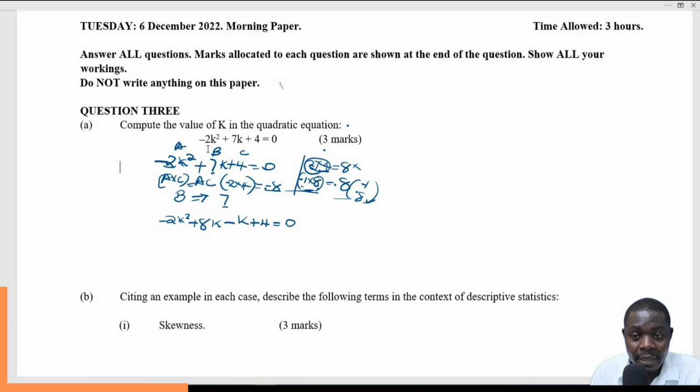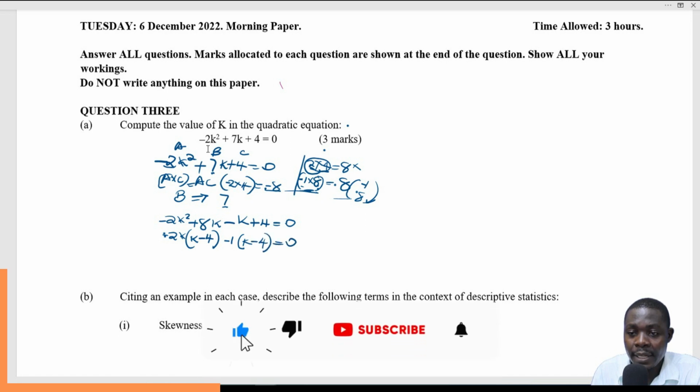In this case, I can have negative 2k into, here we are going to have k minus 4. The reason why I'm putting negative here, because if you take negative multiplied by a positive, you get a negative. And negative multiplied by negative, you get a positive. Minus, we have this one, we're going to have 1 into k minus 4, giving us 0.